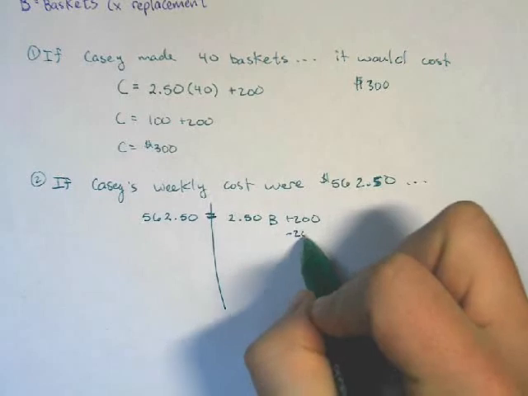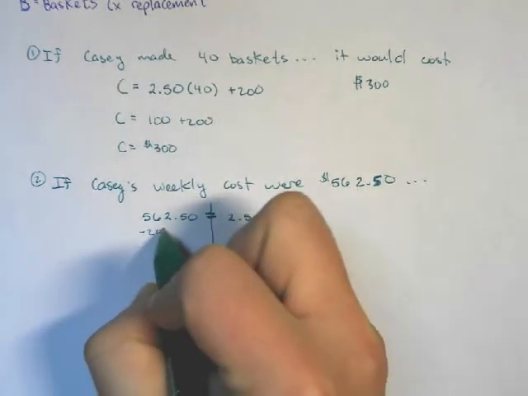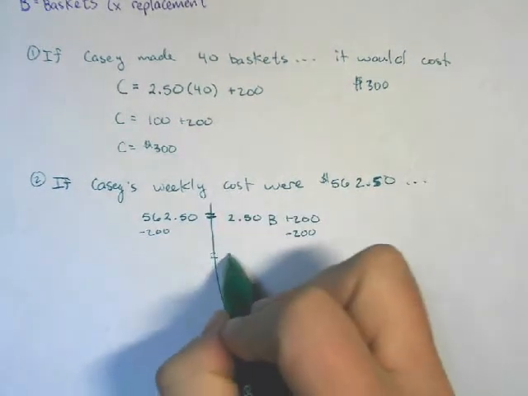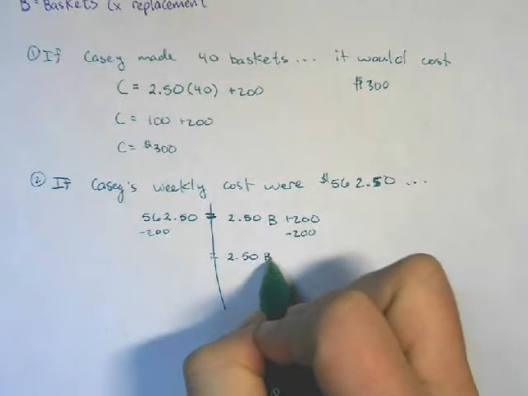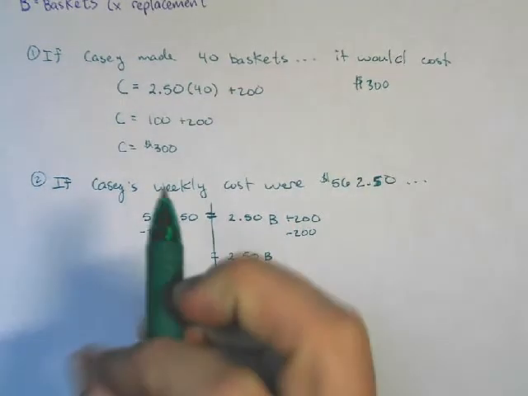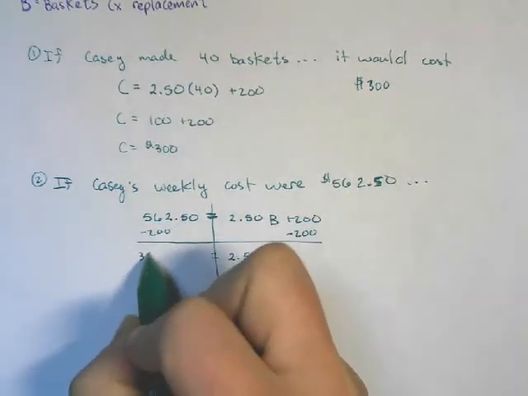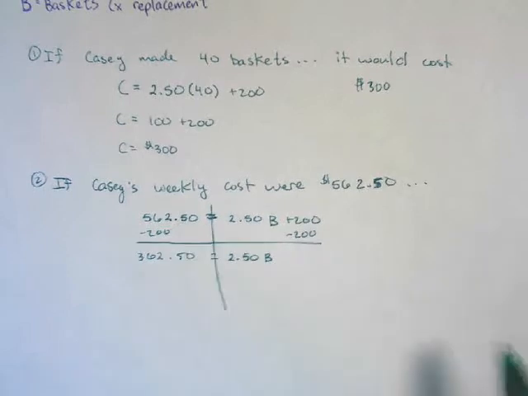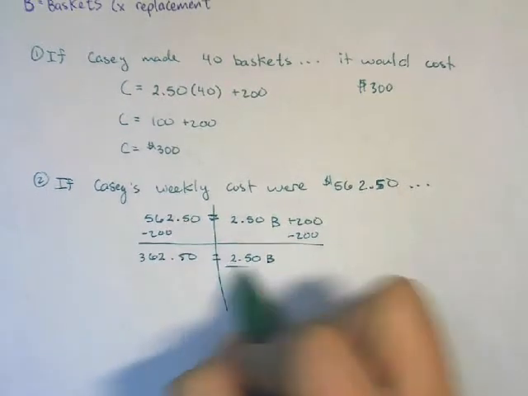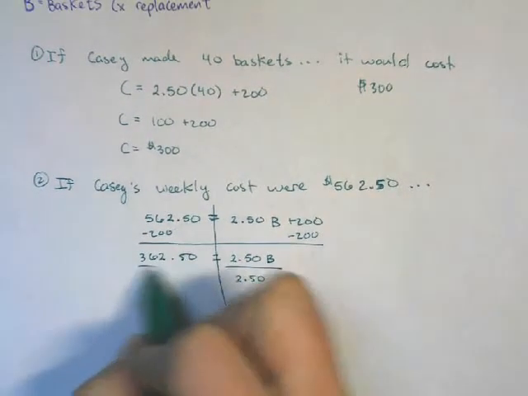We're trying to solve for B, so first we'll subtract 200. Bring down my 2.50B. When I do this subtraction, I get 362.50. Now we'll divide both sides by 2.50.